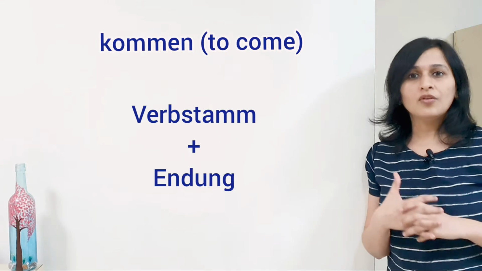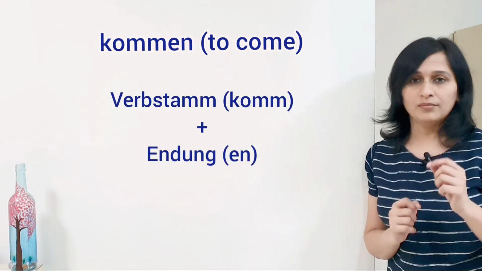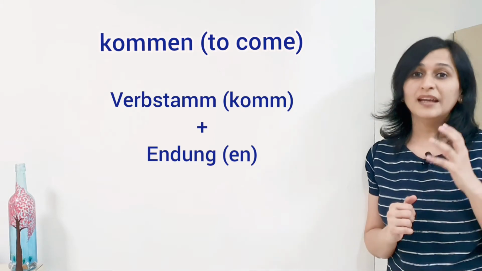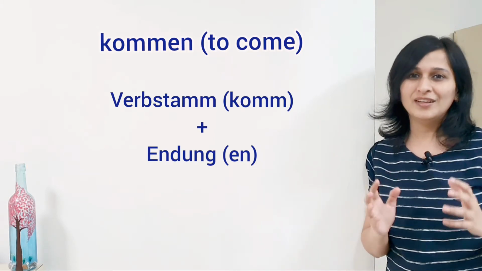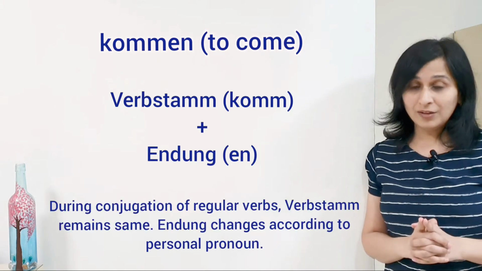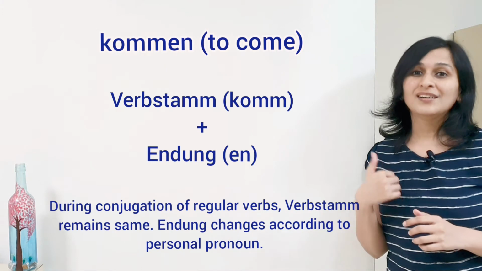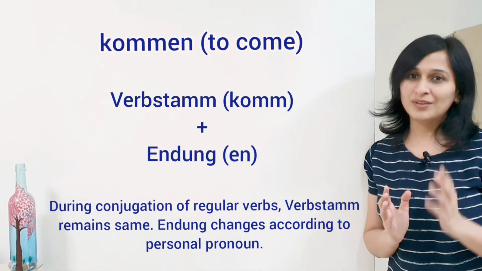So, in case of verb kommen, Verbstamm is komm and en is Endung, and this whole verb kommen is in infinitive form. And while we conjugate regular verbs, we change the Endung part of this whole verb according to personal pronoun.